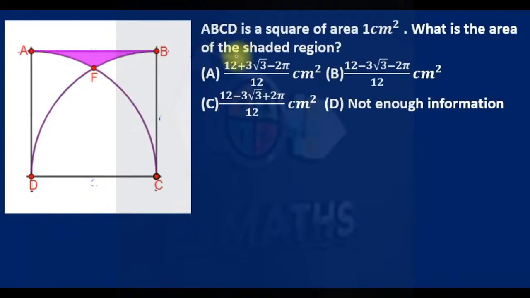Okay, we're asked to find the area of the shaded region if ABCD is a square of area 1 cm squared. Okay, I'm going to solve the question very fast by using a formula.